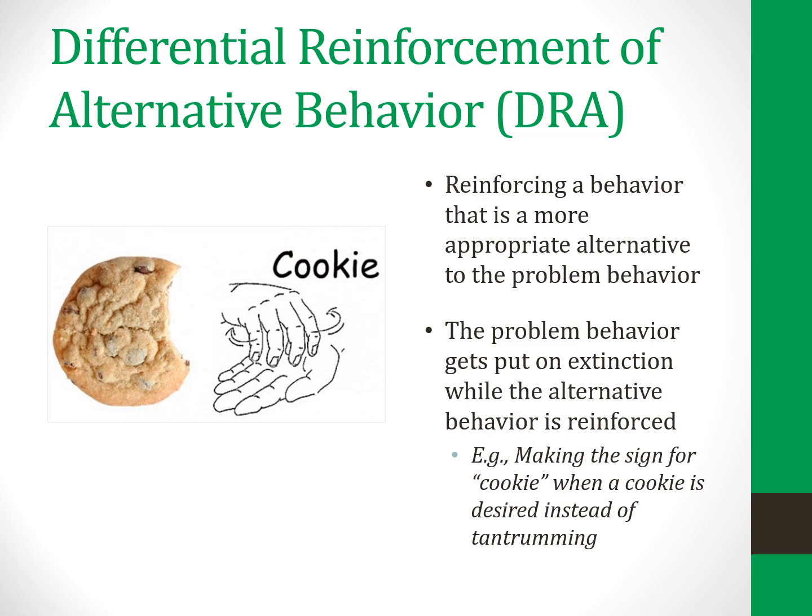And to be honest with you, I might give a couple bites of a cookie every single time they do it, just because I really don't want them climbing on the counter. But I will give a little piece of cookie every single time they ask appropriately, to teach them that climbing's not going to work. I'm going to block you from doing that. But when you ask appropriately for a cookie, then you get that, right?